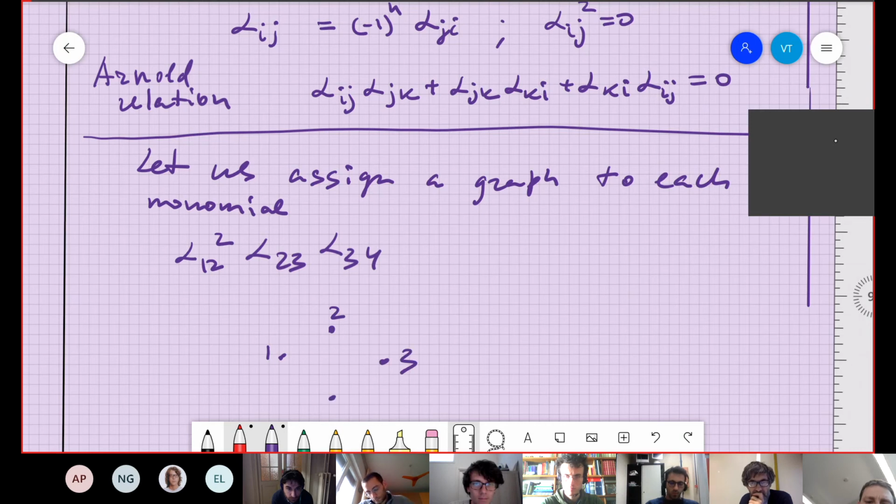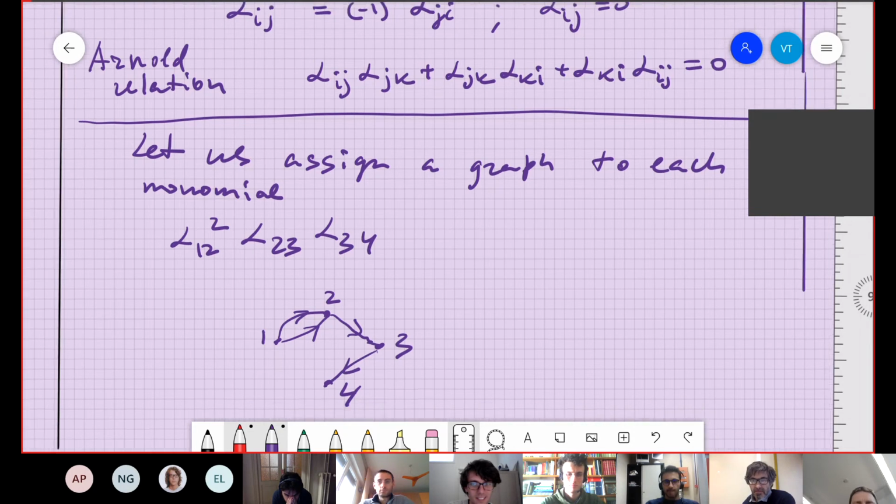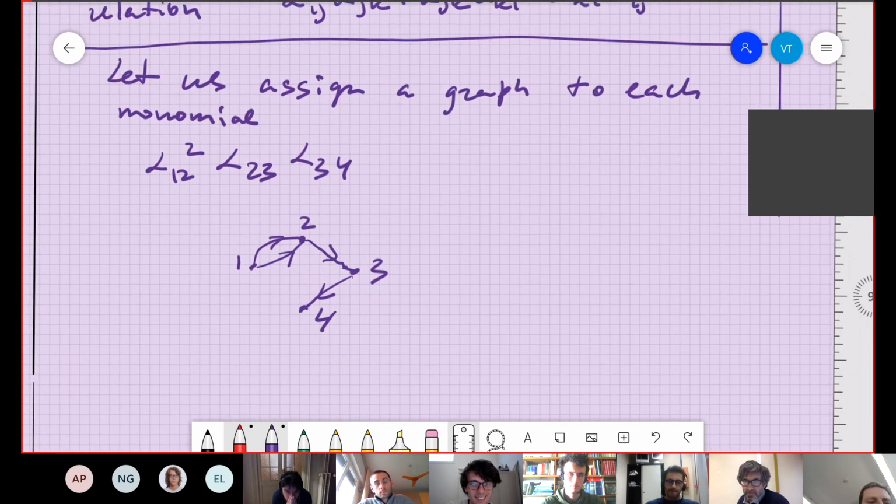And we need to take two edges, alpha 1,2, and actually we can also orient them, because we know that alpha ij is not exactly alpha ji, but equal only up to a sign. Then we have alpha 2,3, and then alpha 3,4. You see that we can always assign a graph.